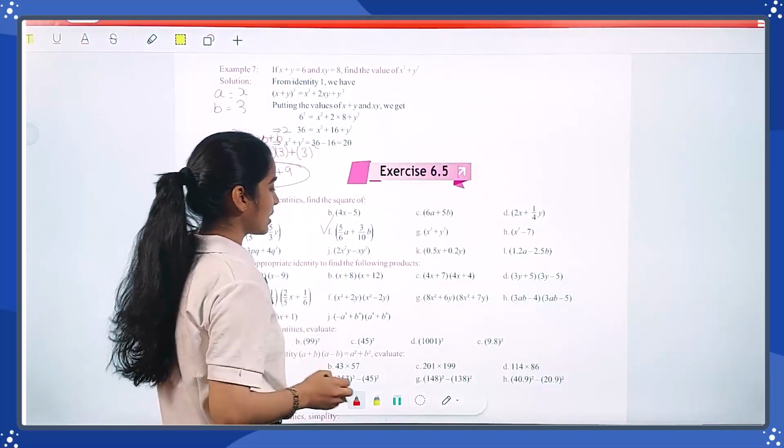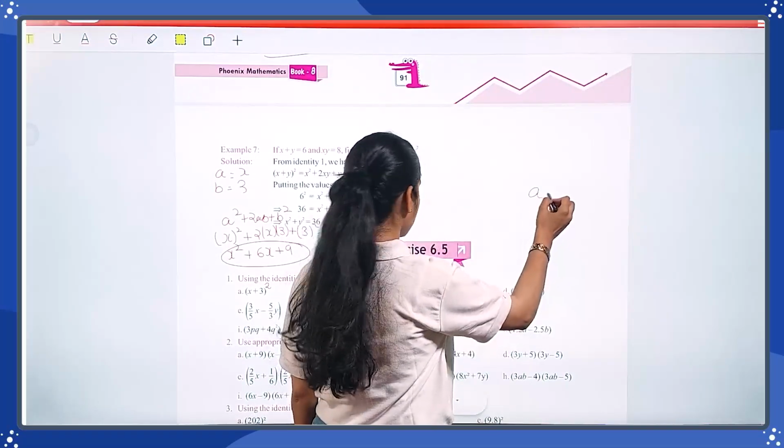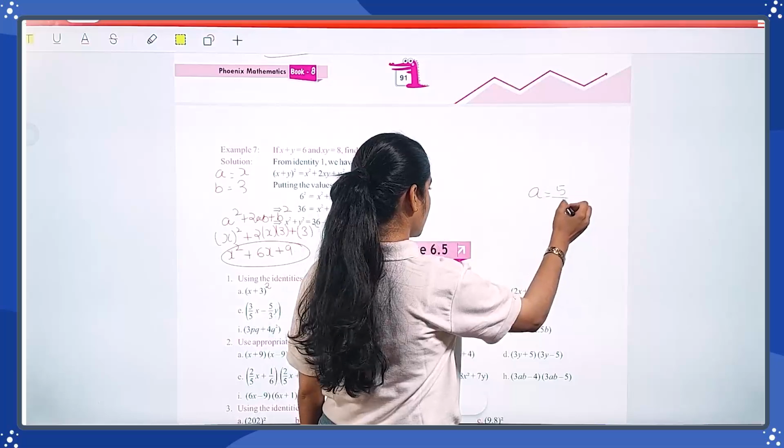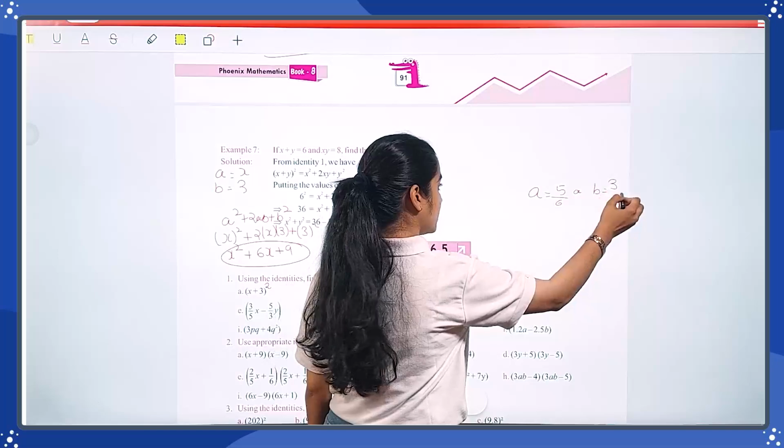Let's take one more example. For 5 by 6 a plus 3 by 10 b. So a is equal to 5 by 6 a, and b is equal to 3 by 10 b.